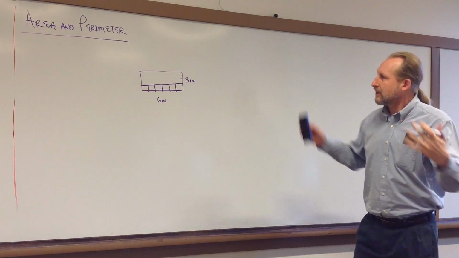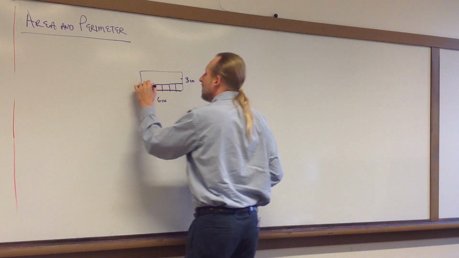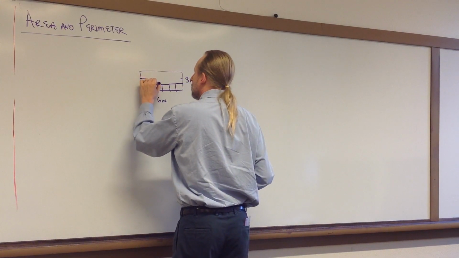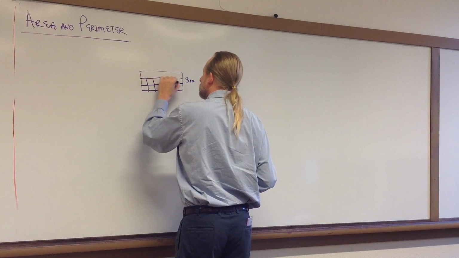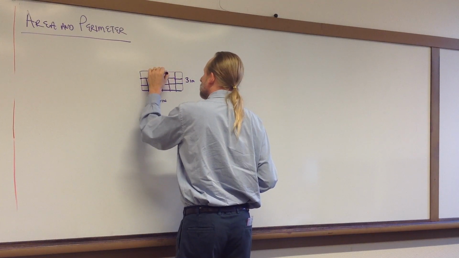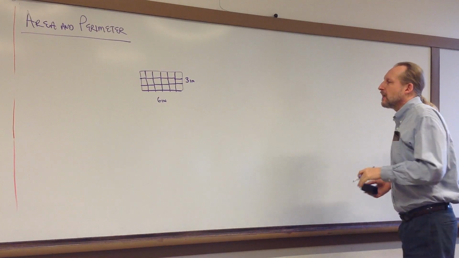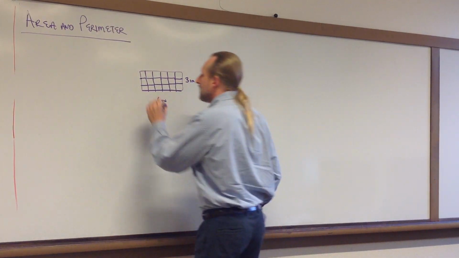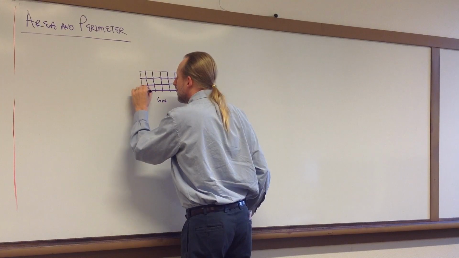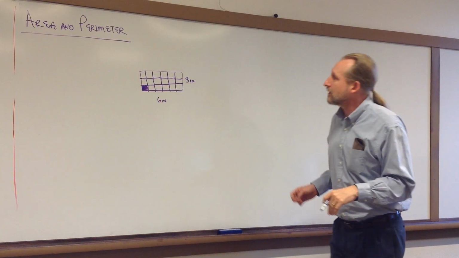It's a square that's 1 inch on each side. And so the number of square inches that fit into this rectangle is going to be 18. That's the whole idea of area, that everything is measured in terms of these square units.